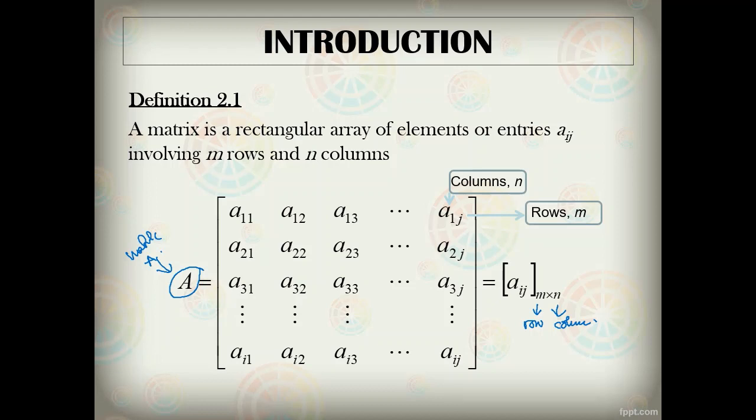So for example, if we have matrix A, 3 times 3, it means we have 3 rows and 3 columns. So matrix A will look like A, B, C, D, E, F, G, H, I.